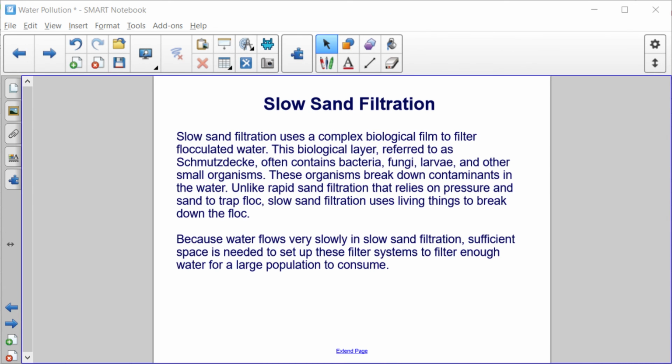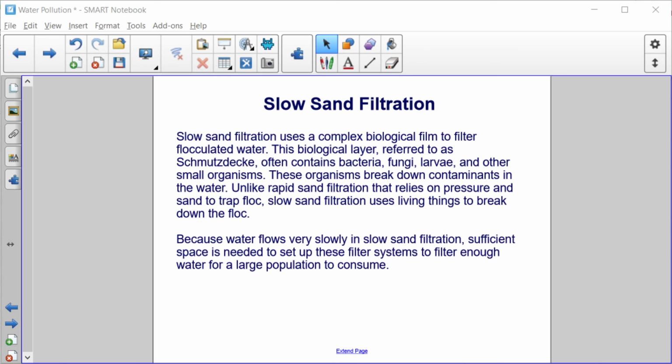Slow sand filtration. Slow sand filtration uses a complex biological film to filter flocculated water. This biological layer, referred to as Schmutzdecke, often contains bacteria, fungi, larvae, and other small organisms. These organisms break down contaminants in the water.